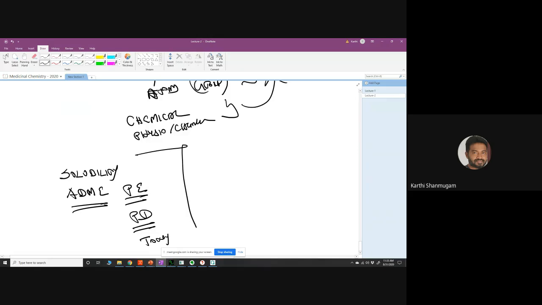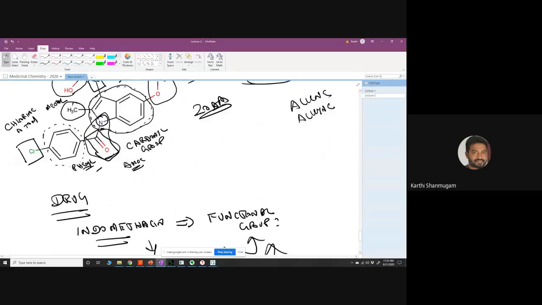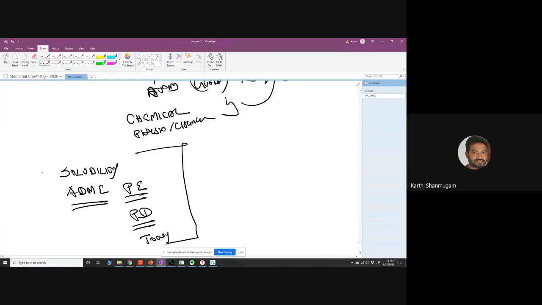All these are very important properties related to a drug molecule, and these properties are decided only by the type of functional groups present in the drug molecule. What functional group is present decides the solubility, and the absorption, distribution, metabolism, excretion of the molecule. That also decides to which receptor it should go and bind to produce the biological response. Also, the toxicity of the ingested drug molecule is decided by the type of functional group present in the molecule. Is it understandable?